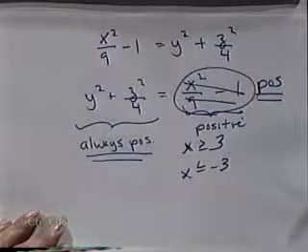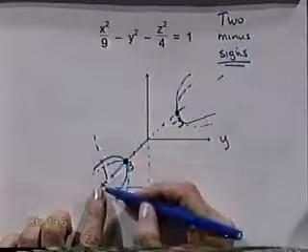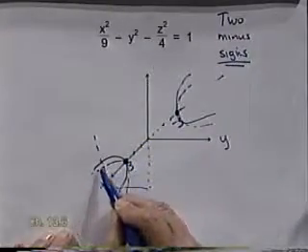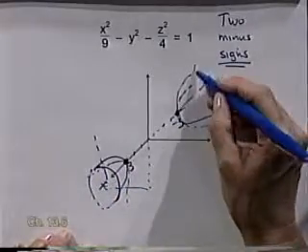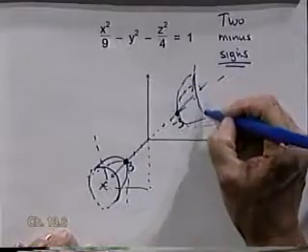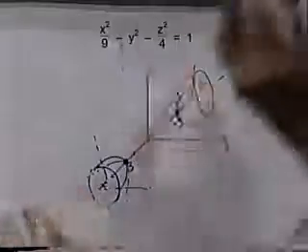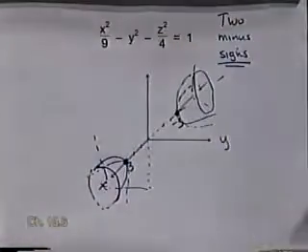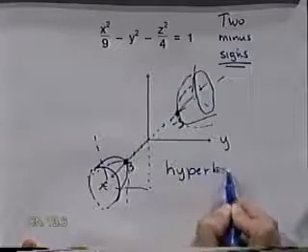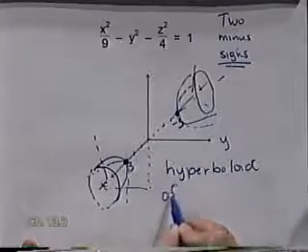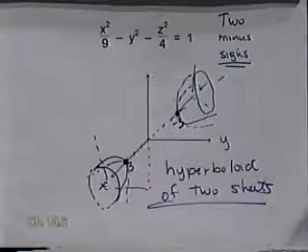An ellipse. So if I slice it here, I'm getting an ellipse. If I slice it over here, I'm getting an ellipse. And do you see what you're getting here? You're getting these two separate little sheets. And what are they called? They're called a hyperboloid of two sheets.